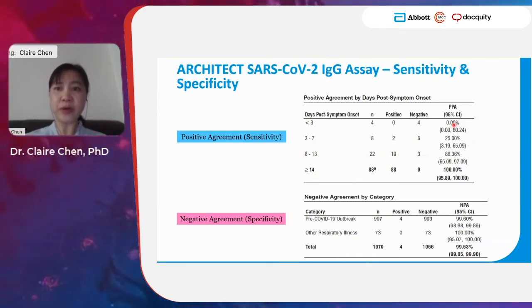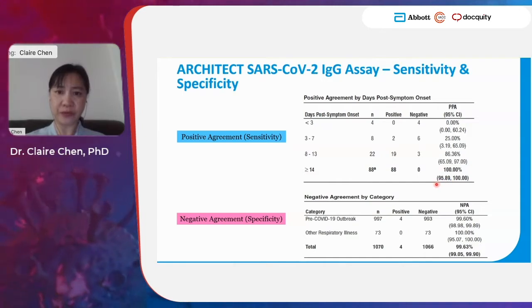Of course, at the very beginning of the infection, we can't detect IgG antibody. As the infection advances, more antibodies will be produced. So for samples above 14 days, we can detect 100% of the IgG antibodies.